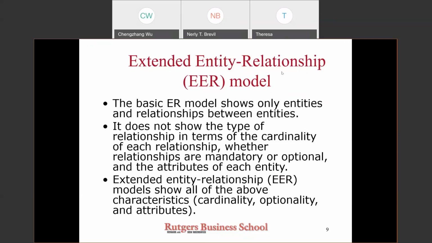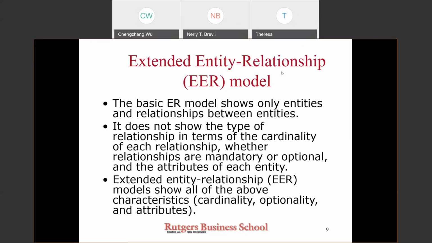So you might recall our discussion about relationship cardinality in the previous chapter, where we discussed how relationships could be either one-to-one, one-to-many, or many-to-many.